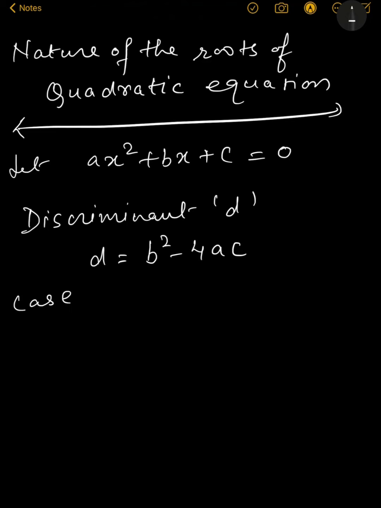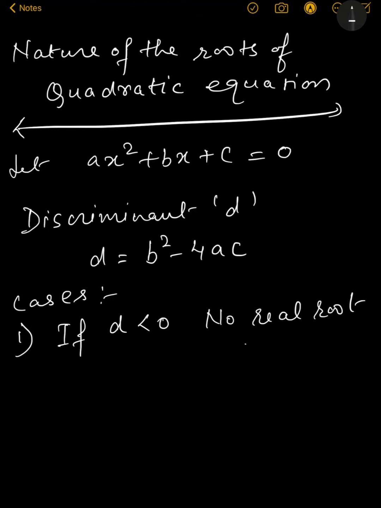Now the cases arise. Case number 1, if D is less than 0, if D is negative, then no real root exists.